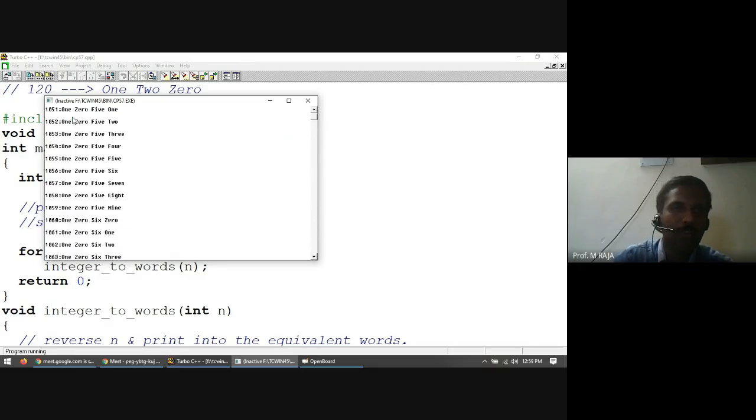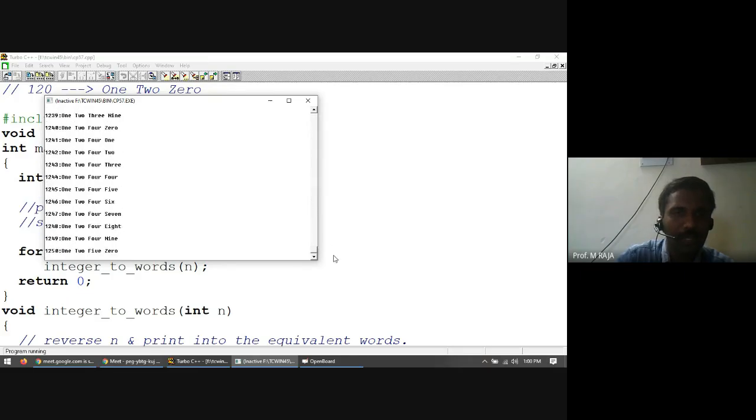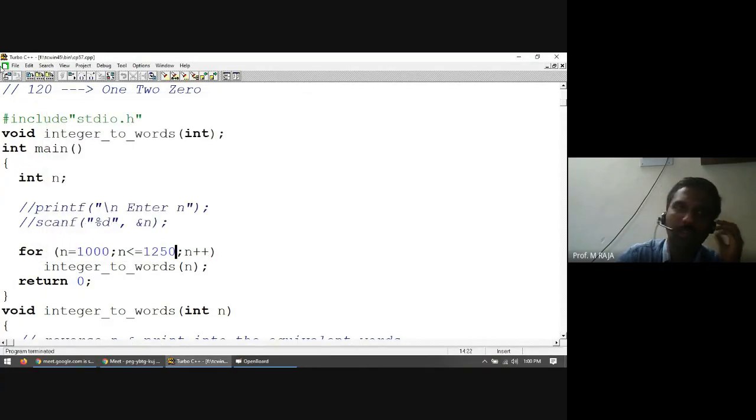Here some outputs are already skipped, the results have gone out of the output window. So 1051, 1052, 1130, and finally 1250. The output is shown like this.